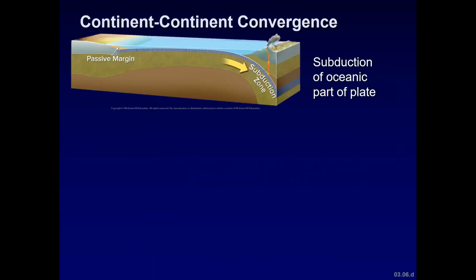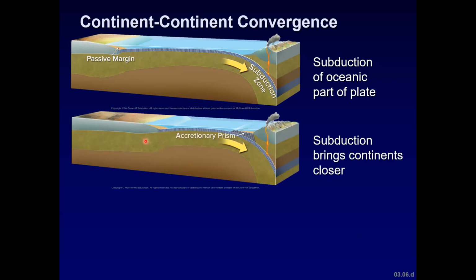Continent-continent convergence. That's when a continental plate converges or hits another one. Okay. Before that might happen, let's say we've got an oceanic part of a plate. This is oceanic crust. That's going to subduct beneath the continent first. On this side, we call this the passive margin. It's not the edge of the plate yet.